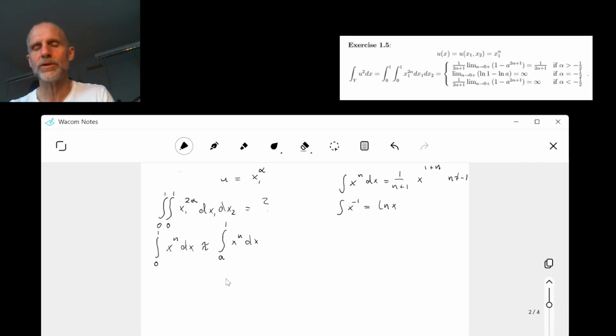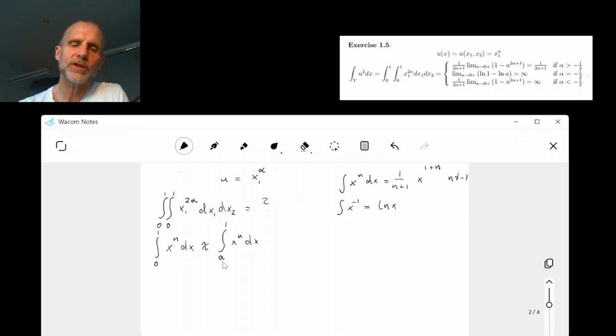And what we are going to do is, when we have computed this integral in terms of a, we can let a go to 0, and then we find the limit of this integral, which then turns out to be equal to the integral from 0 to 1. So let's just do that.